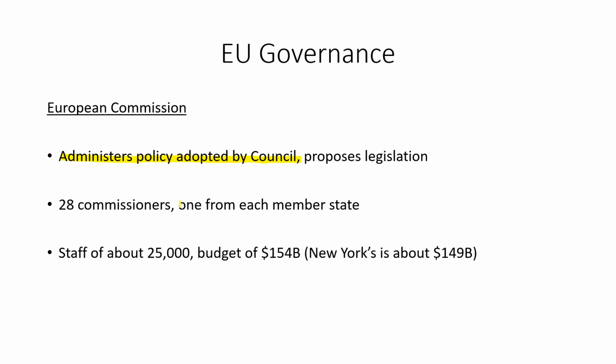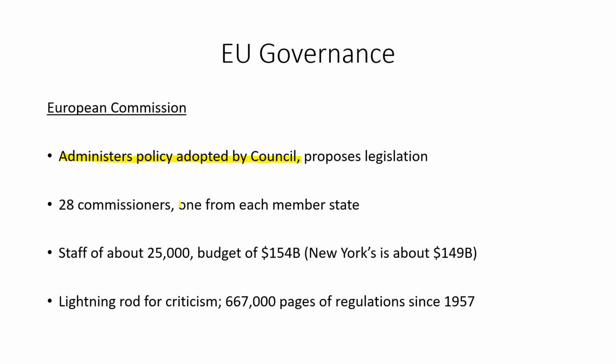It has a staff of about 25,000 people, a budget of about 154 billion, and that compares to New York State's budget of about 149 billion. So that gives you a comparison, considering this is administering the continent of Europe.